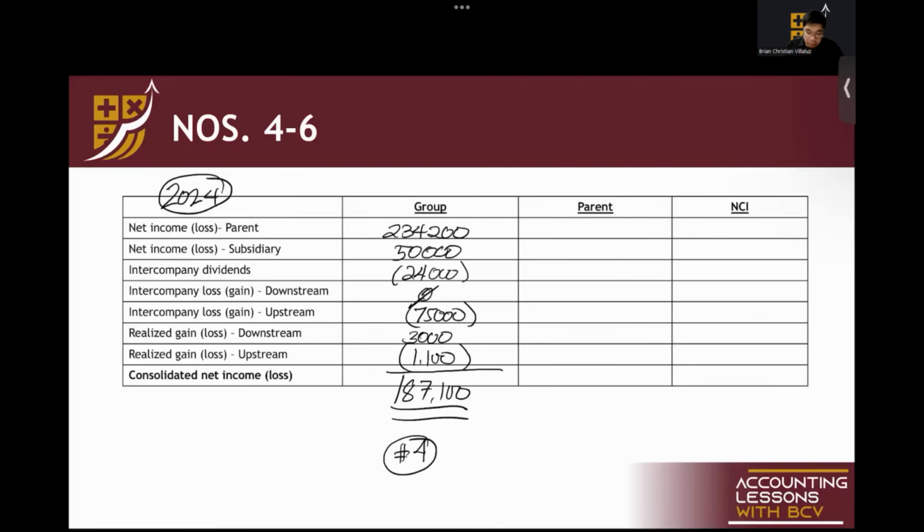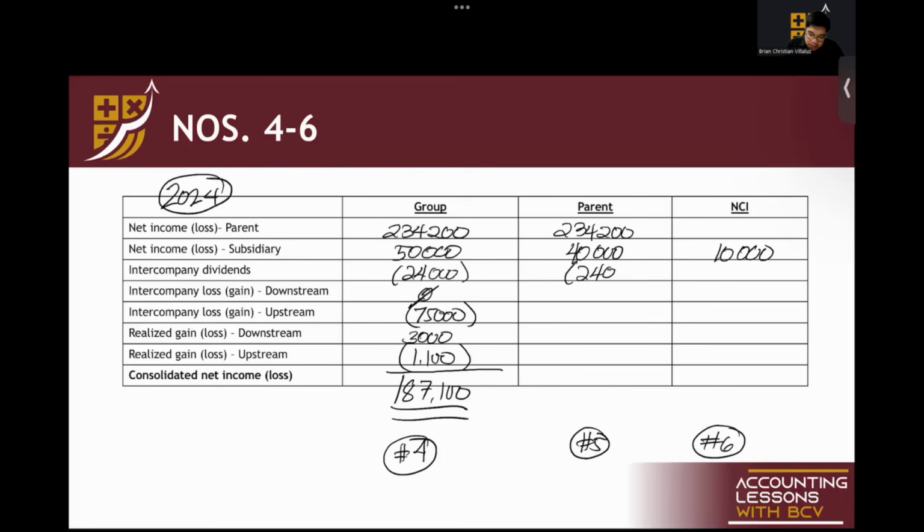Then, numbers 5 and 6, distribute na natin yung consolidated net income na 187,100 between parent and subsidiary. Okay? Net income parent, kay parent lang yan. Net income subsidiary, maghahati si parent at si NCI. So, 80% is 40,000 and 20% is 10,000.